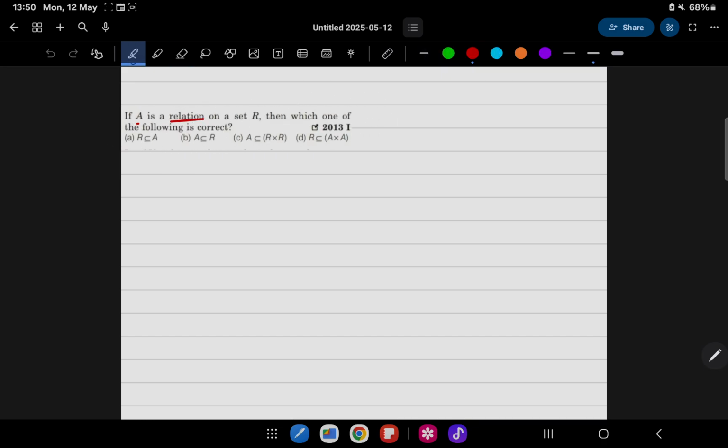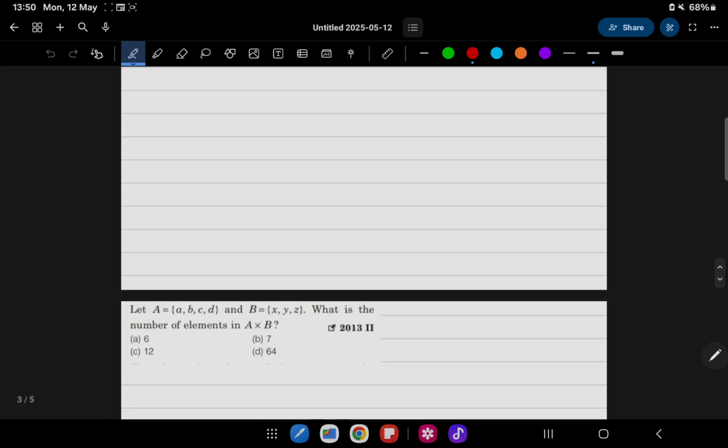Many students say that option B is the correct answer, but no, A belongs to set R but is not a subset or equal set of R. Here A is a subset of the Cartesian product of set R. The Cartesian product of set R with itself is R cross R. So A is a subset or equal set of R cross R. So option C is our correct option.